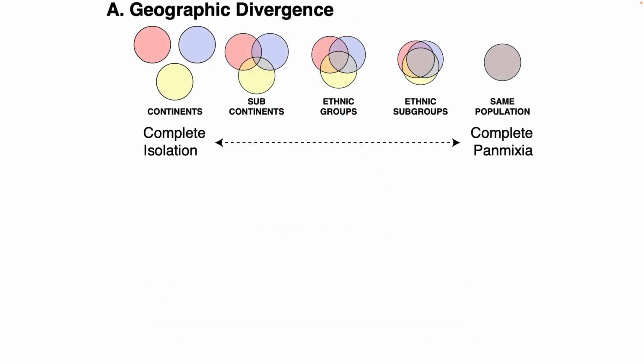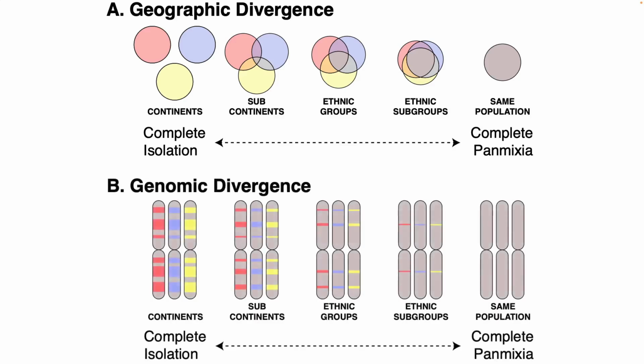Let's illustrate the challenge of the chromosome painting with a cartoon. So here you have 3 different groups, just like before. If they're on different continents, then they're probably isolated and well-defined populations. Ethnic groups on a single subcontinent have more overlap, more panmixia, and as we saw before, might not be separate populations. But here's the problem for a chromosome painting. The segments of DNA that are unique are few and far between.